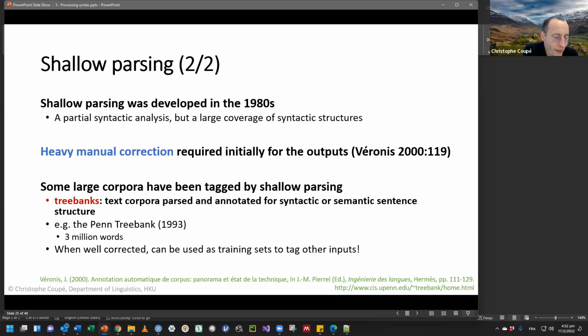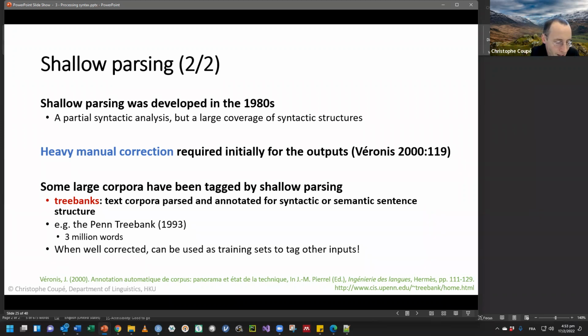So for instance, in 1993, the Penn Treebank was released. And this is a corpus of texts, of sentences, of words, and they are 3 million words. But this was made very carefully. Maybe you used the computer first, but then you made sure that you corrected all the errors so that you have a very valid, very well annotated corpus.